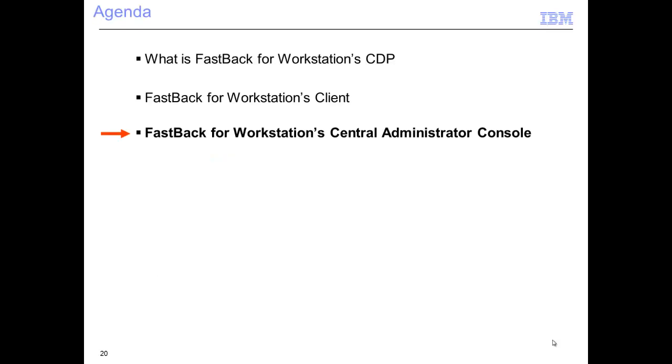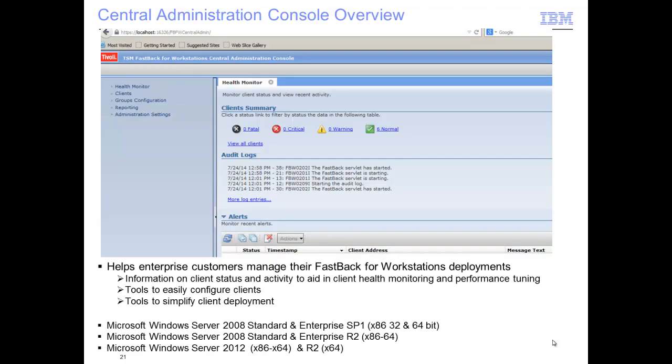So what we just looked at was the FastBack for Workstation client. This is the portion that would be installed on a laptop or desktop. It can be run standalone, or if you are in an organization that's managing hundreds or thousands of these FastBack for Workstation clients, you would also want to install and utilize the Central Administration Console.